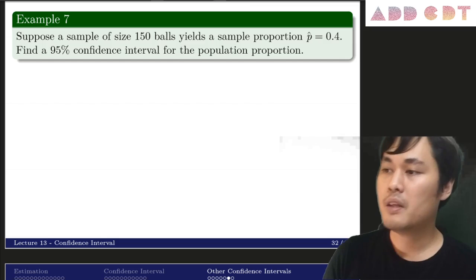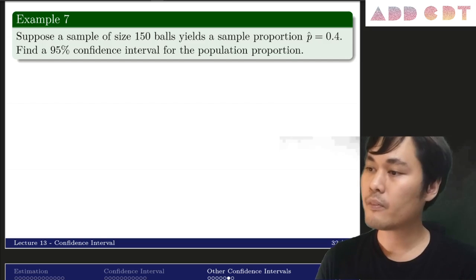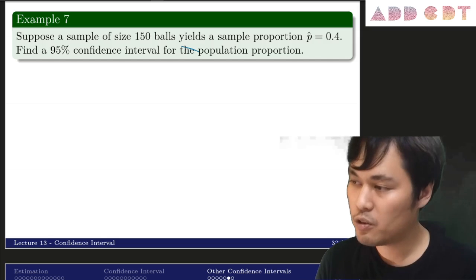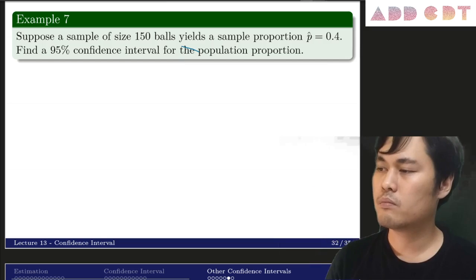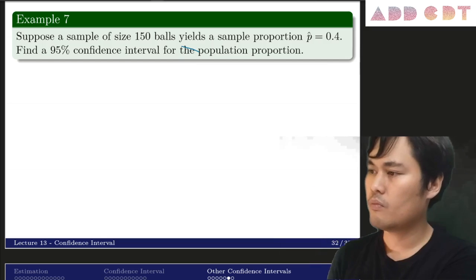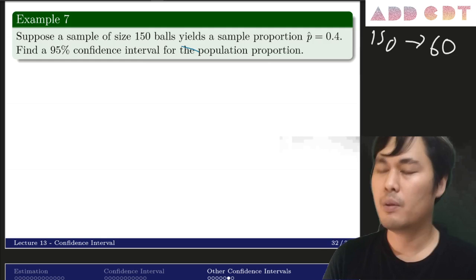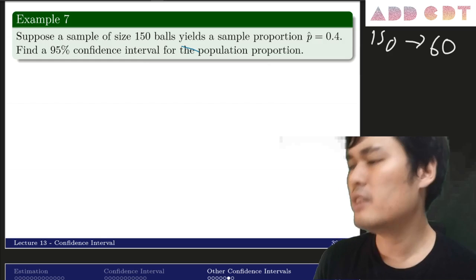Let's say we take a sample of 150 balls, and let's do the simple proportion of p hat equal to pi 4. That means we get 150 balls, and 60 of those balls are what we're interested in.